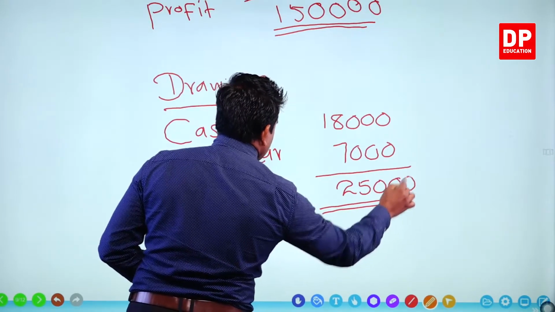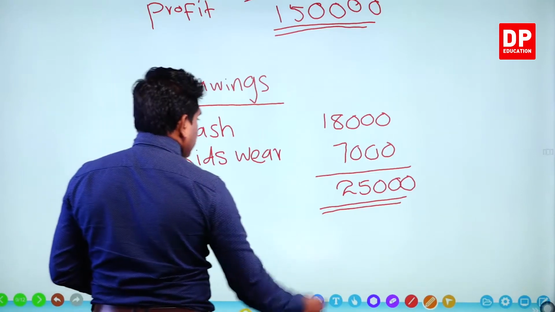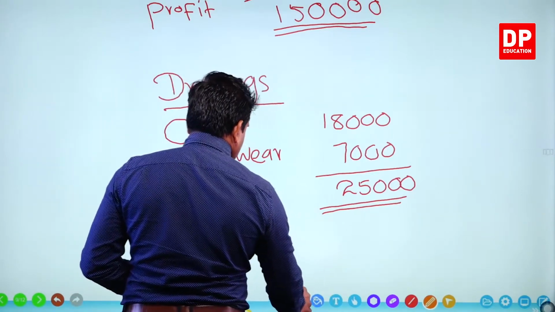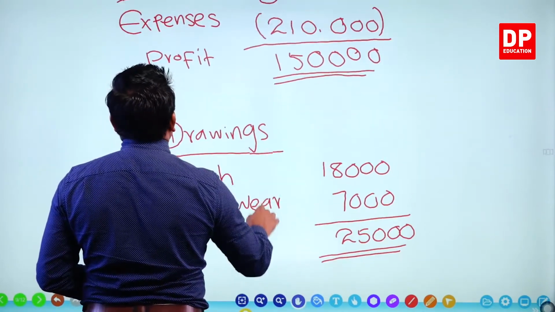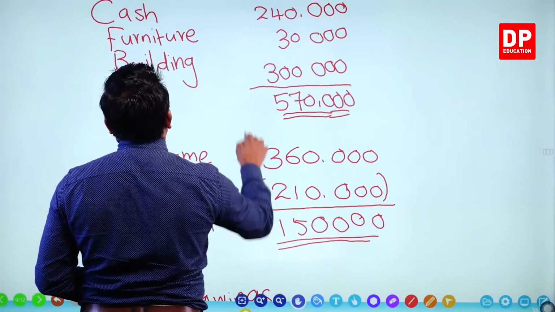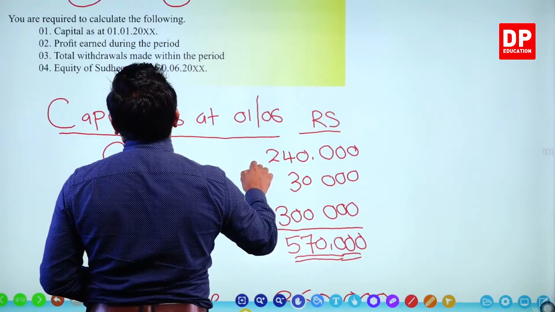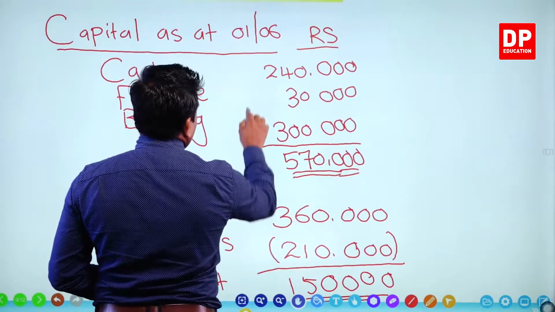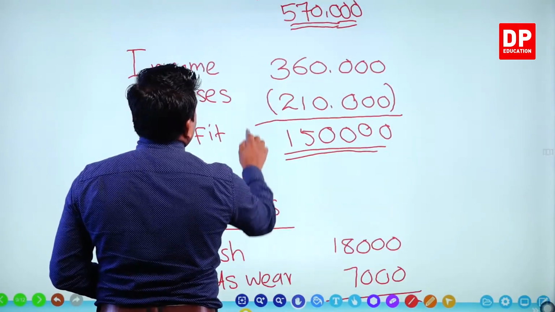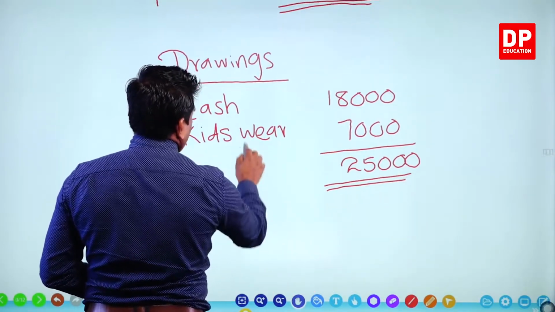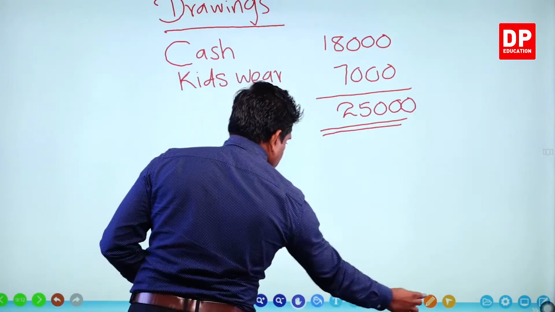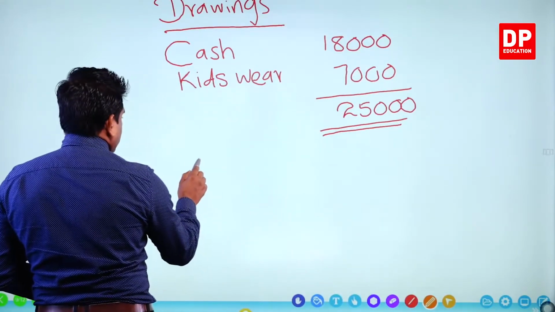What is it they finally ask? Finally they ask for the capital at the end of the period. How do we calculate it? Remember, at the beginning the capital was 570,000.